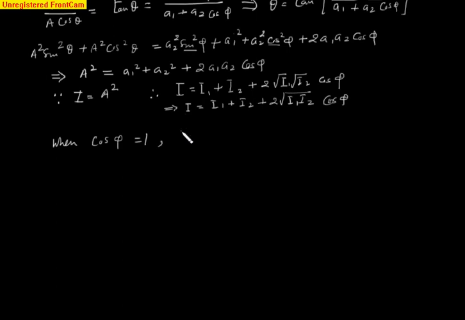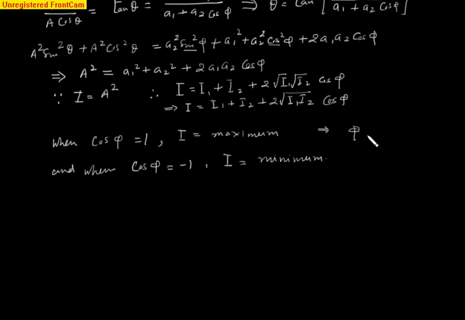That means I will be maximum, and when cos phi is equal to -1, then intensity will be minimum.